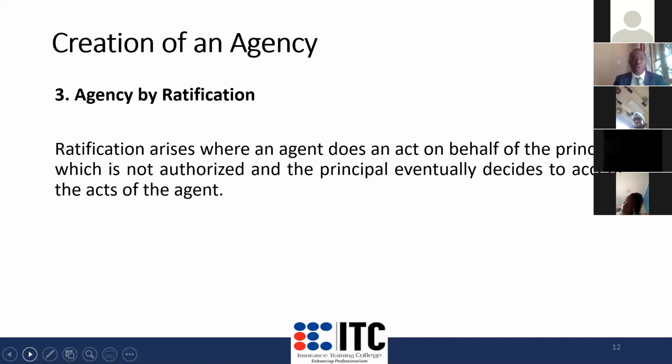But because of the relationship you've had with the client, you happen to do something and later the principal accepts. So at this moment, the activity has to happen first. Then later, the principal will accept, and in accepting, he accepts the whole contract from the beginning.